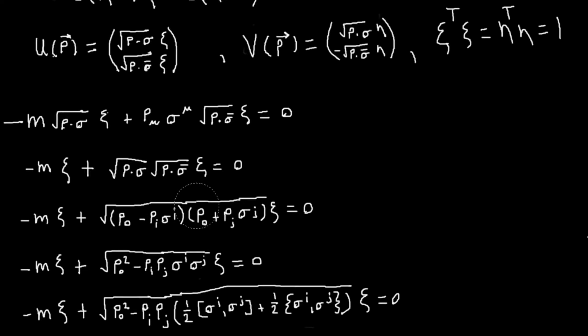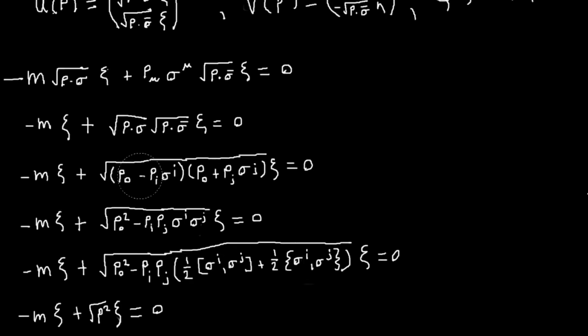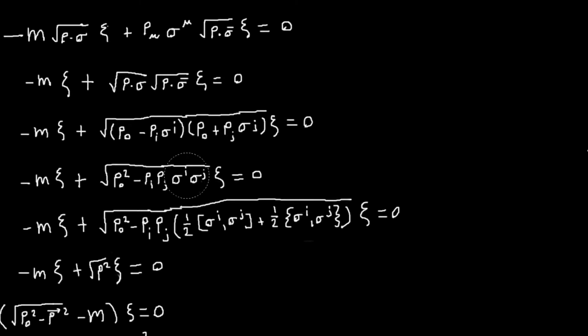And I get this, and then cross multiply. Looks like I use the identities of sigma i and sigma j here. It can be written as the sum of the commutator and anti-commutator. And then p_i p_j is symmetric in ij, this is anti-symmetric in ij, so this term will vanish. And then the anti-commutator of sigma i and sigma j is delta ij.